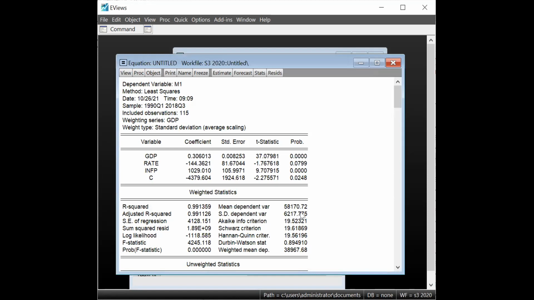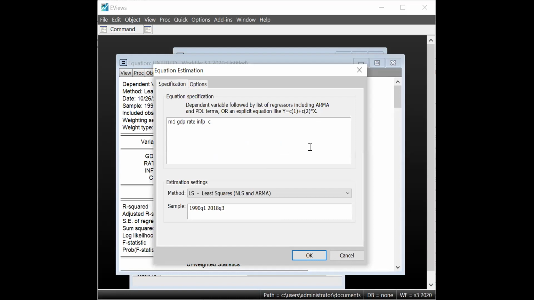Okay. Now if we change the model to a log linear one, this one we change to the log, LGDP. But the interest rate, because the interest rate is in terms of percentage, we cannot take the log of it.